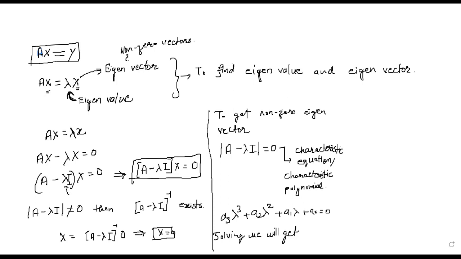What values are you going to get after solving it? Three values of lambda. So, what is lambda? Eigenvalue. So, solving this polynomial, we will get eigenvalues.